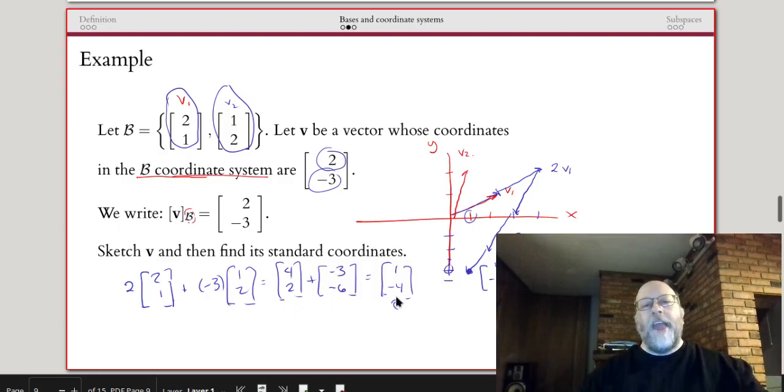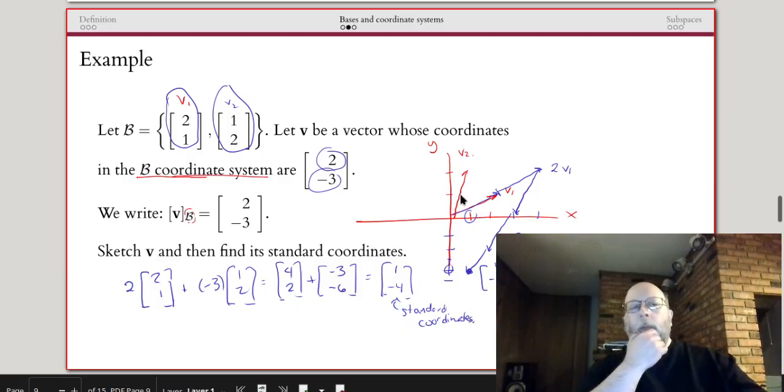So these are the standard coordinates. In the alternate coordinate system, in the B coordinate system, we're going 2 units of v1 and 3 units backwards of v2. And that gets us to the same location as if in the standard coordinate system we just did 1x and -4y. All right?